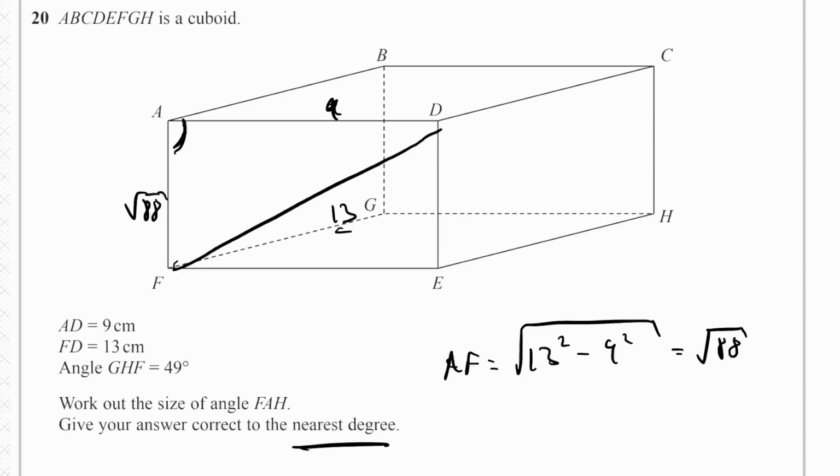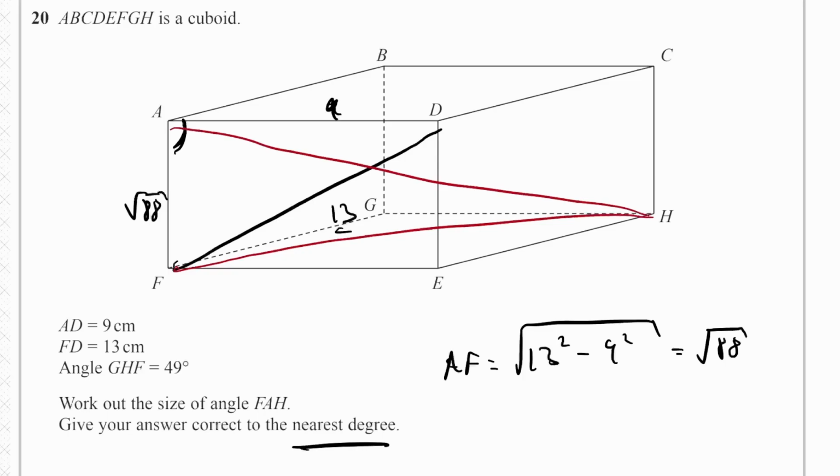Then the next thing we want to find is essentially FH, which we'll draw in a different color over here. If we have FH and AF, then we'll have enough information to work out that angle. So we can work out FH using the last bit of our question: the angle GHF equals 49 degrees.